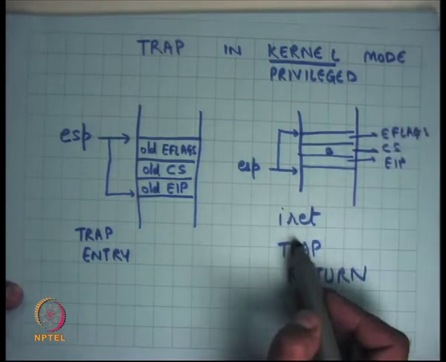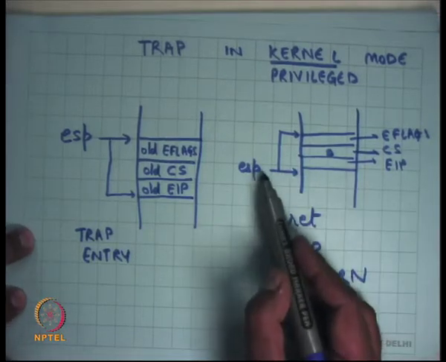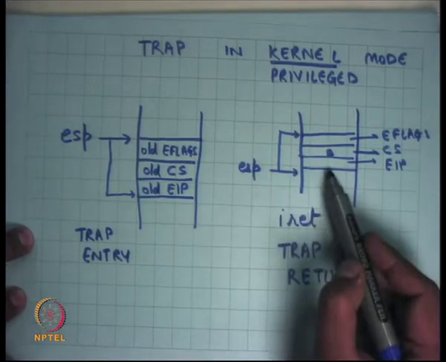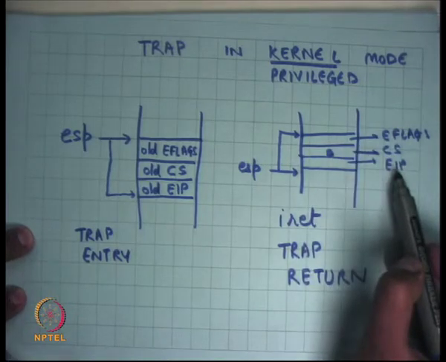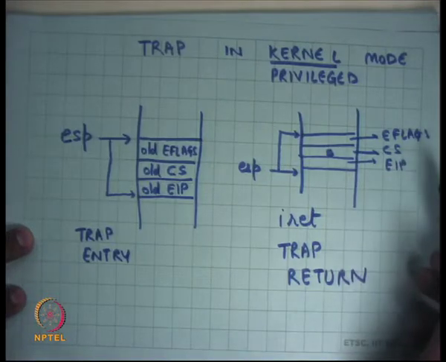So this is the semantics of the IRET instruction. It's going to look at the current stack pointer and pop the first 3 words on the stack and fill these registers with those values. All right, so this is return from interrupt.